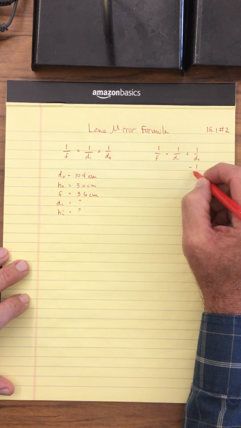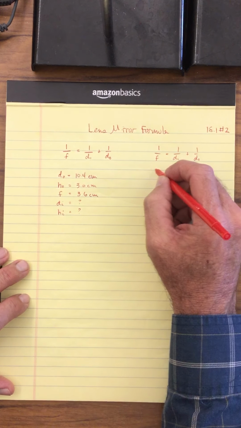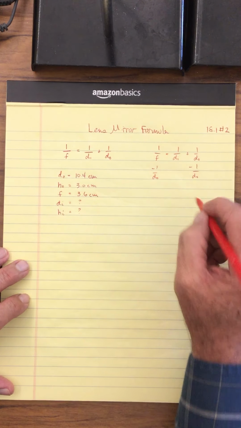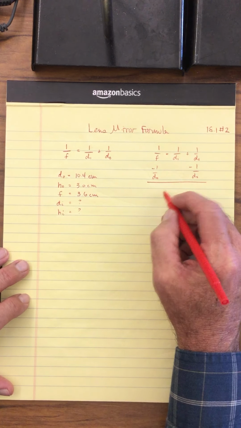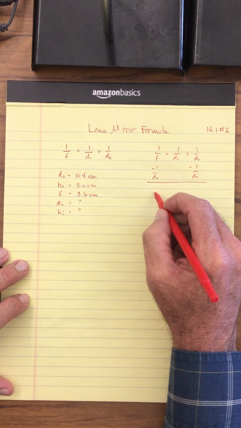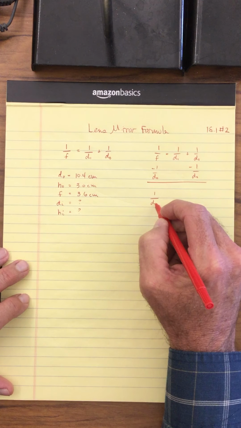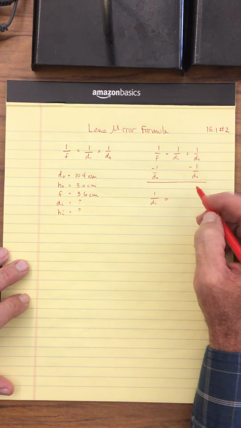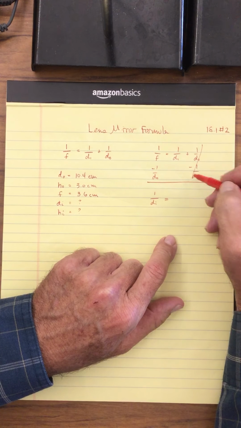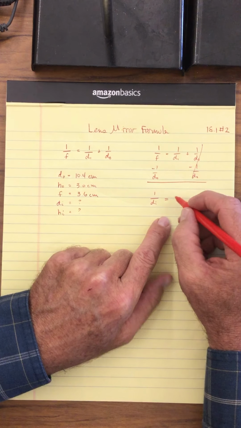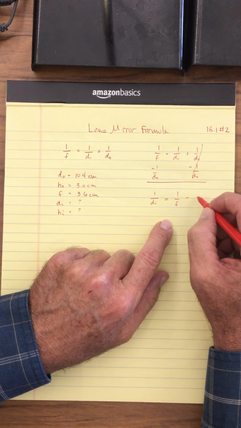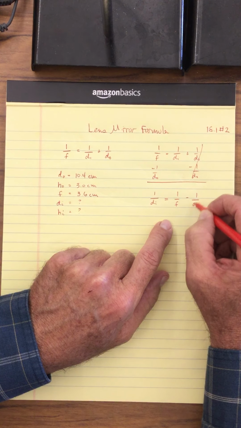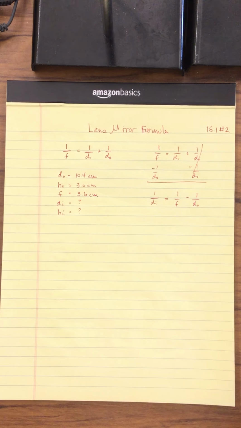If we subtract from both sides, we'll be able to solve for the distance of the image. So I'm going to put this over on this side. The inverse of the distance of the image will equal, those cancel over there, the inverse of the focal point minus the inverse of the distance of the object.